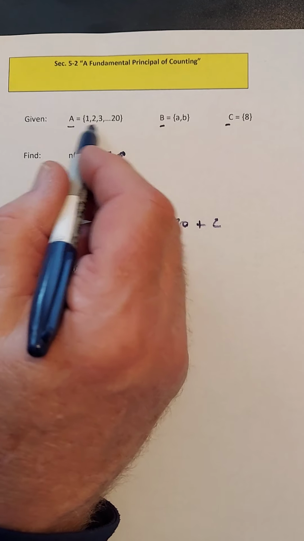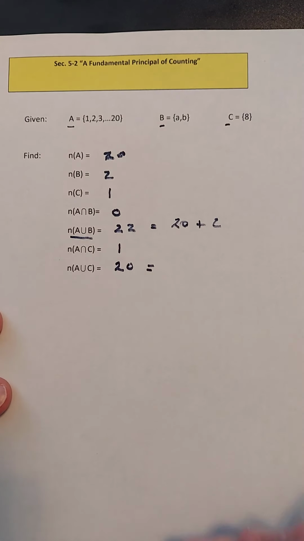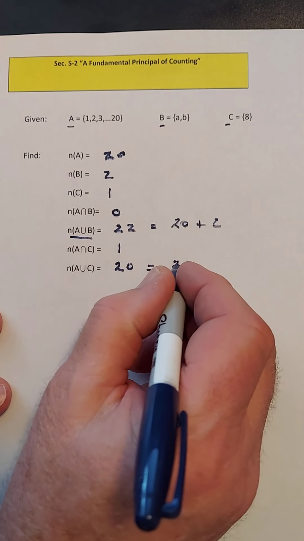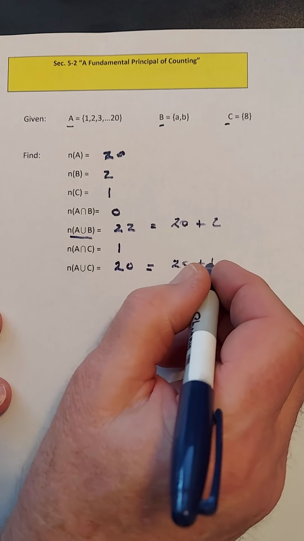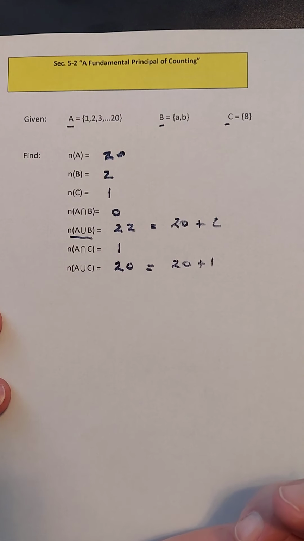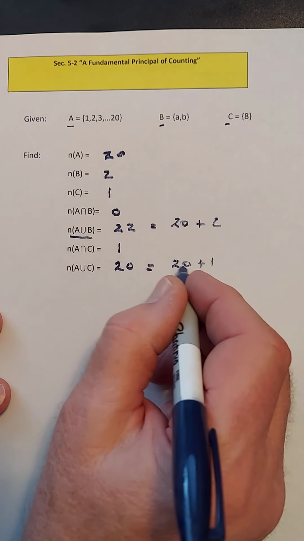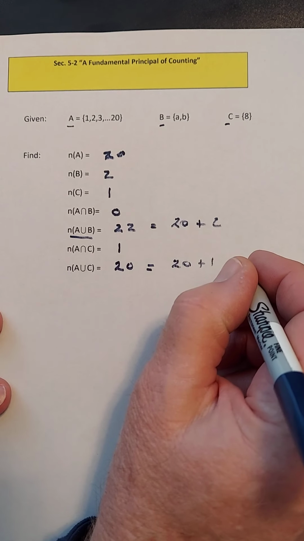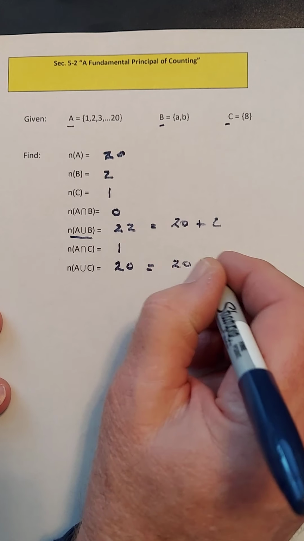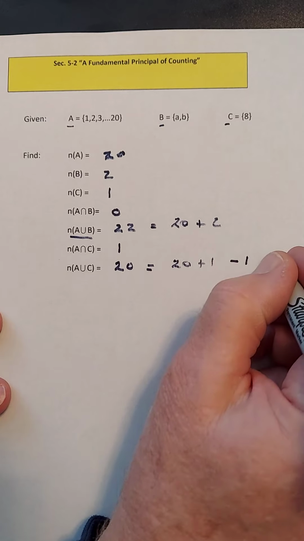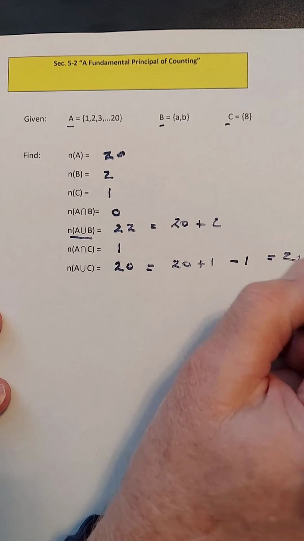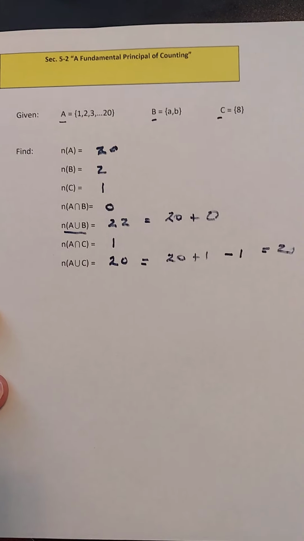Now I'm talking about the 20 here, and I got 1 here. Why didn't we take the 20 in A and add the 1 from C? And the reason, of course, I already told you, is that we'd be double counting. So thinking 20 plus 1, but I have to subtract 1 because I double counted, and that gave me the 20.